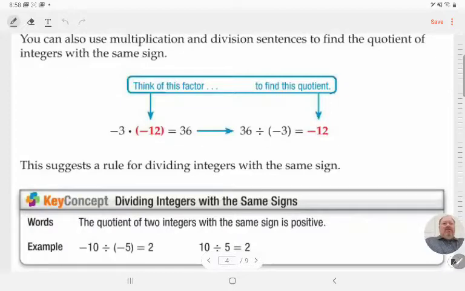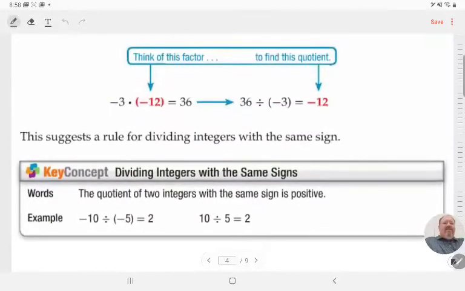All right, so you can use, again, multiplication and division sentences to find the quotient of integers with the same sign. For example, if I have 36 divided by negative 3, I get negative 12. And if I looked at it as, okay, what times negative 3 gives me 36, it would be negative 12.